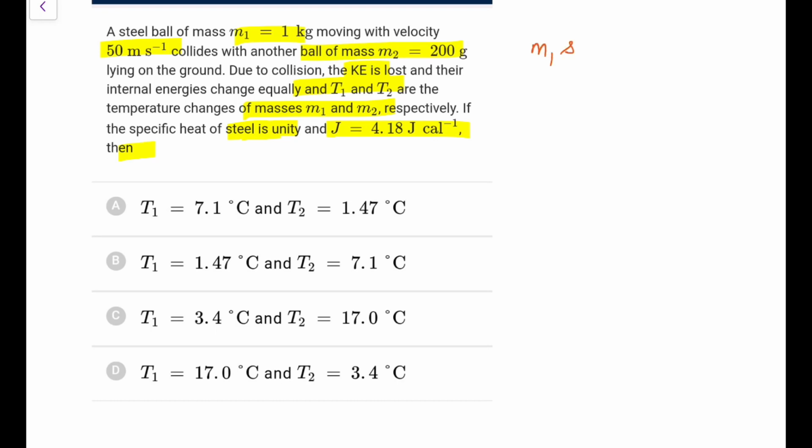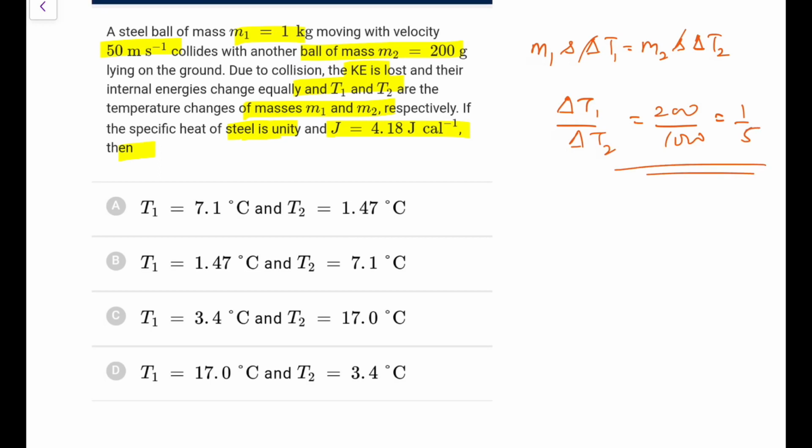So the first one, m1 s delta t1 would be equal to m2 s delta t2. I can make it out, s is same, so the ratio of delta t1 to delta t2 is m2 by m1, which is 200 by 1000, that is 1 by 5. So the second one changes 5 times, so this is wrong. 1.47 into 5, that would be 7.35, so it is also not right.